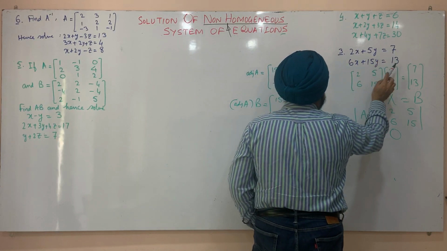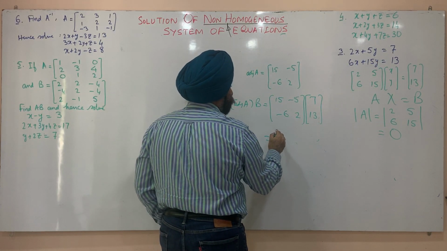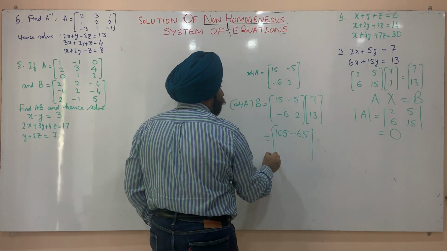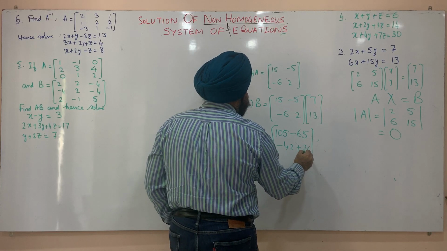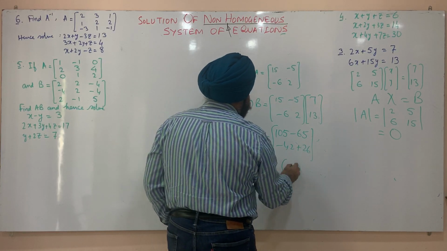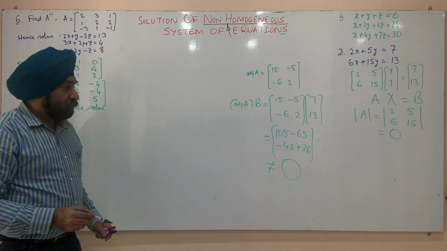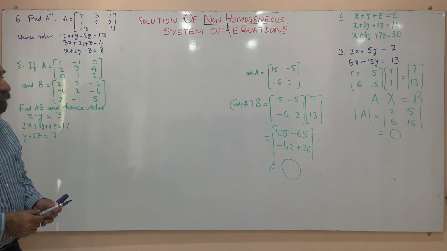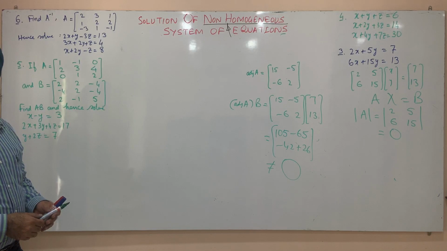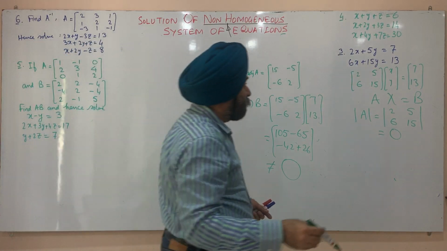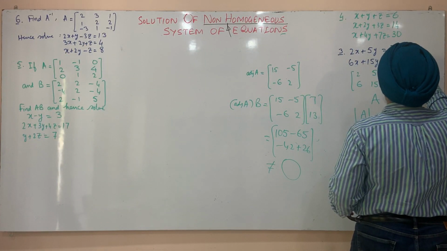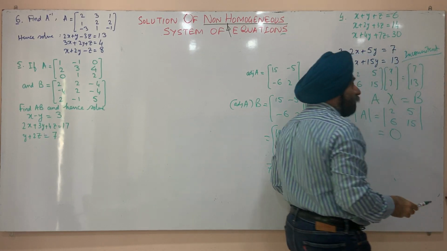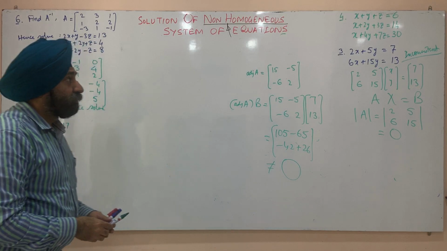Multiply. 105 minus this 65, minus 42 plus 26. This is not a null matrix. So if adjoint of A into B is not a null matrix, this means this system is inconsistent. That is, there is no solution. We have an inconsistent system of equations.